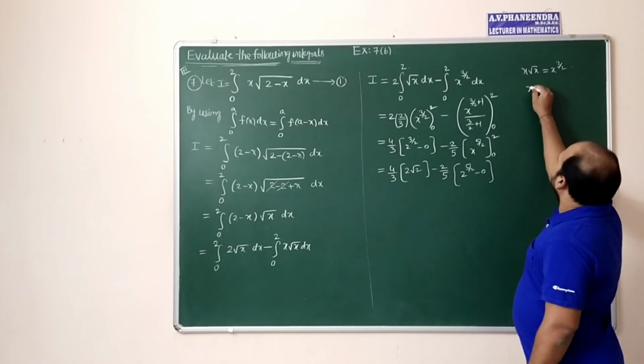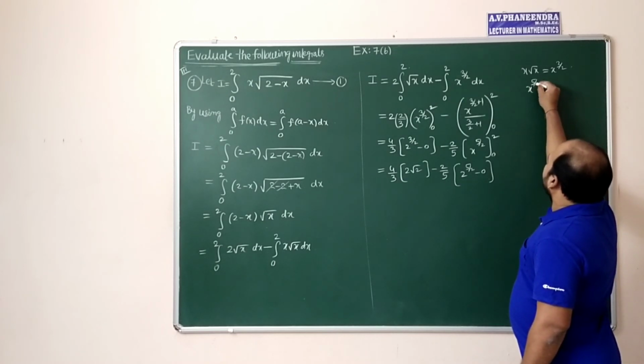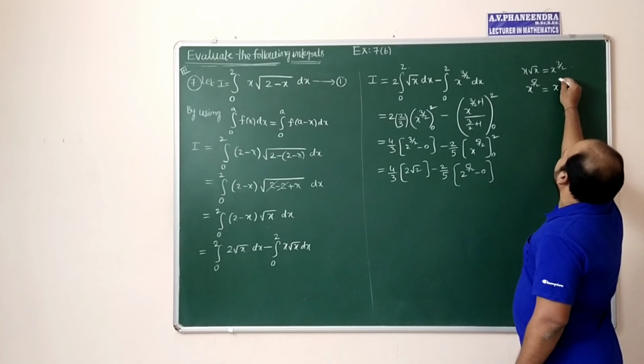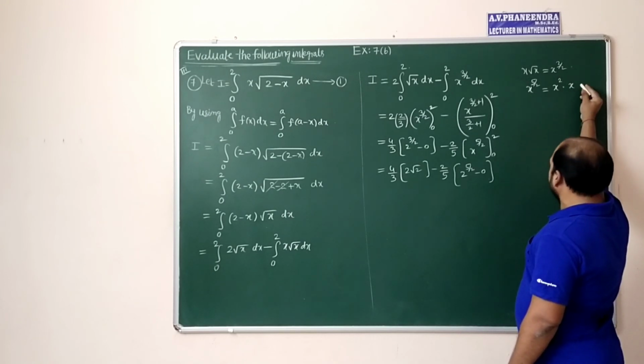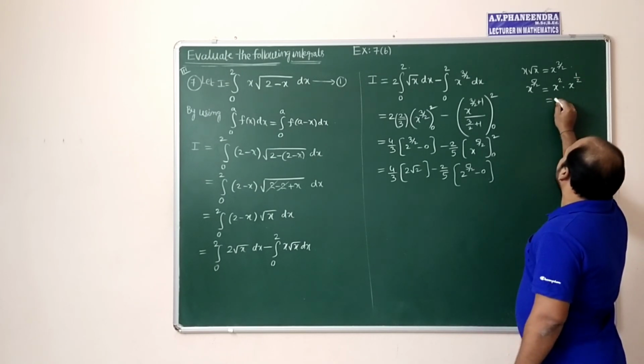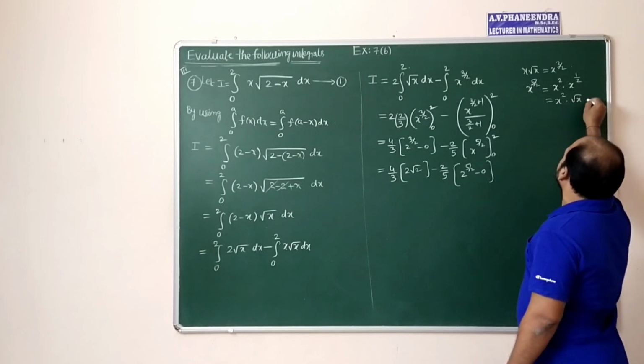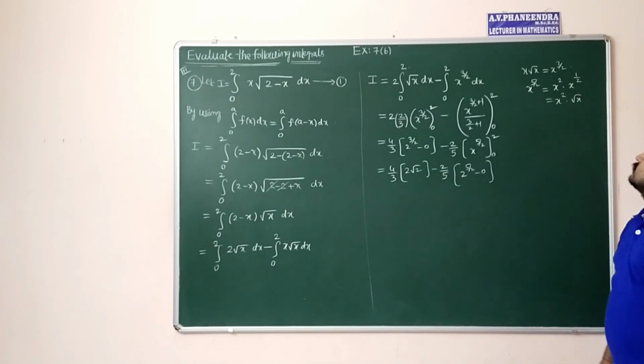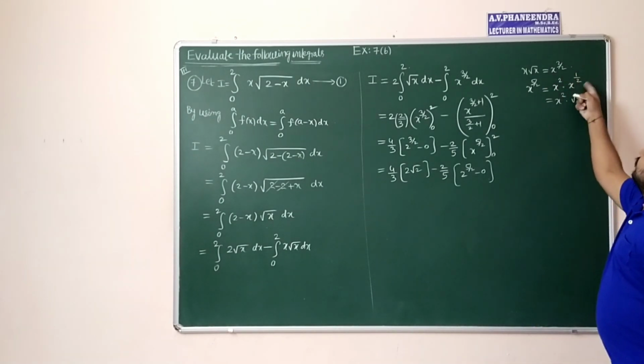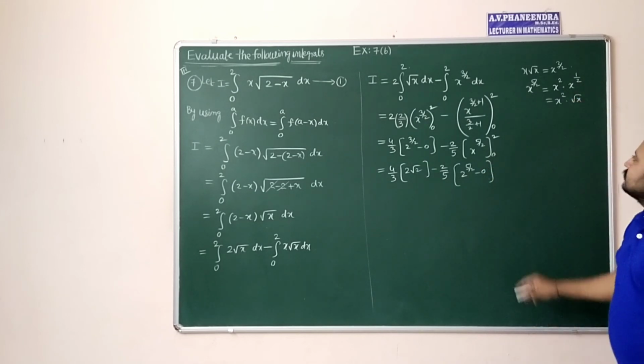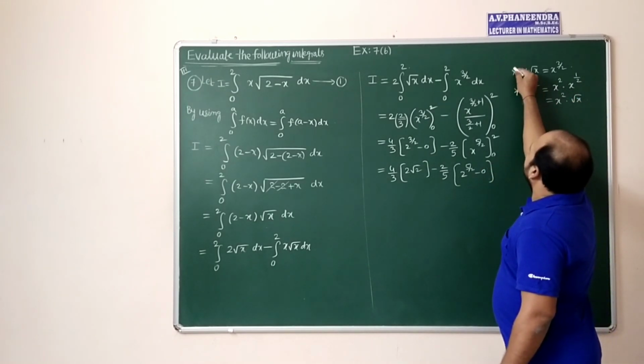So here x power 5 by 2 also can be written as x power 2 into x power 1 by 2, that means x square into root x. 2 to the 4, 4 plus 1 is 5, 5 by 2. 5 by 2 can be written like this now. These are the important notations. You can make a note of them.